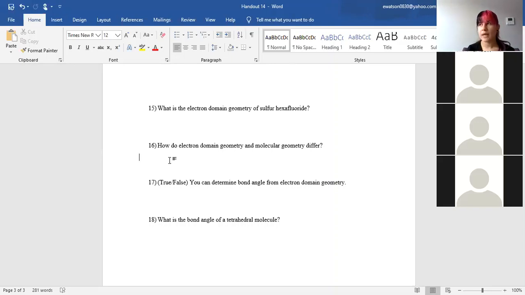Do you remember when we had that molecule that was trigonal planar bent? Why did we add bent onto that? To say what it looks like. So how did we figure out that it was bent? Because of its electron geometry. Yeah, so we look at the electron domain geometry and then we look at the number of lone electron pairs.